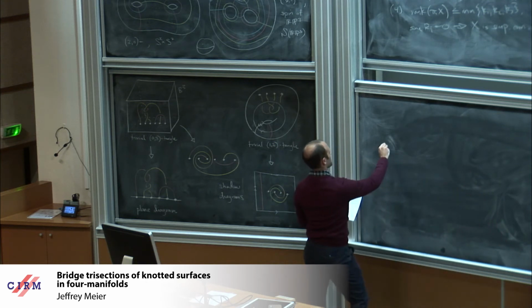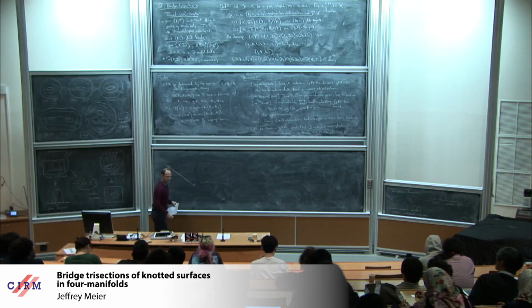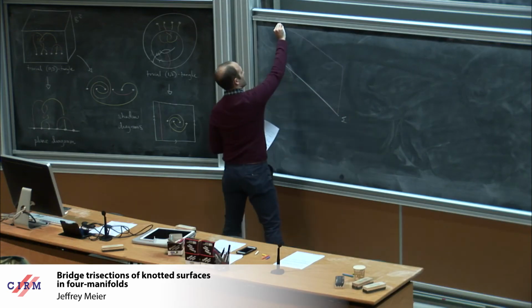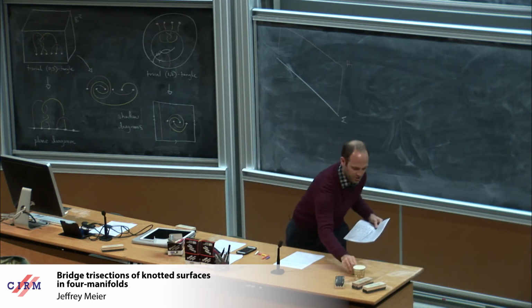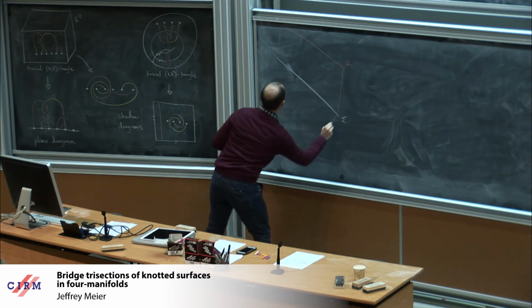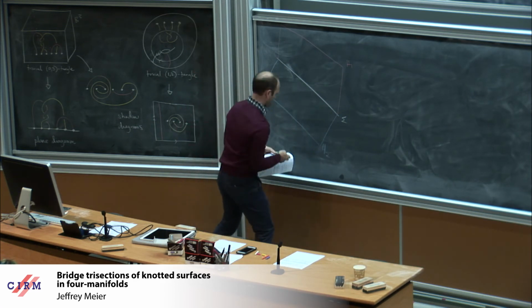Okay, good. This is what I'm supposed to do now. Now I remember. So here's sigma. This is a slightly better schematic than before. So sigma bounds H1, H2, and H3, which I'm drawing here as half planes.